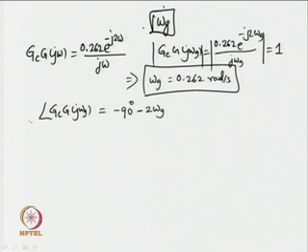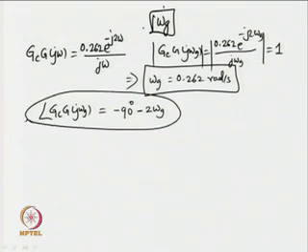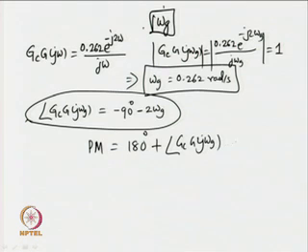Now, how much additional phase can be added to this system before bringing the system to the verge of instability? That is known as the phase margin of a system. So, we define the phase margin as 180 degree plus angle GCG j omega g, which will be equal to 90 degree minus 2 omega g.